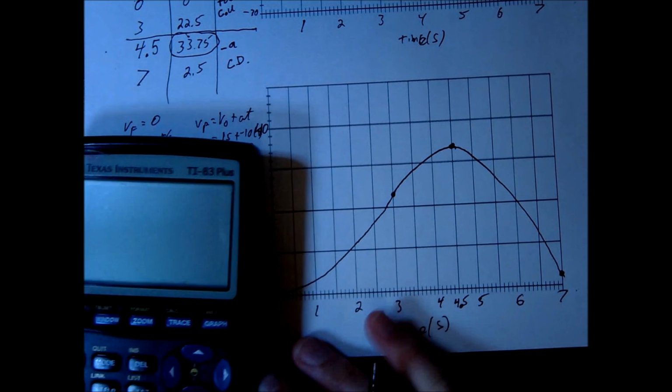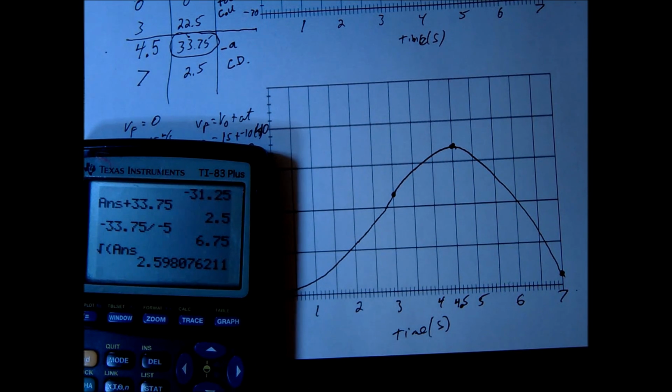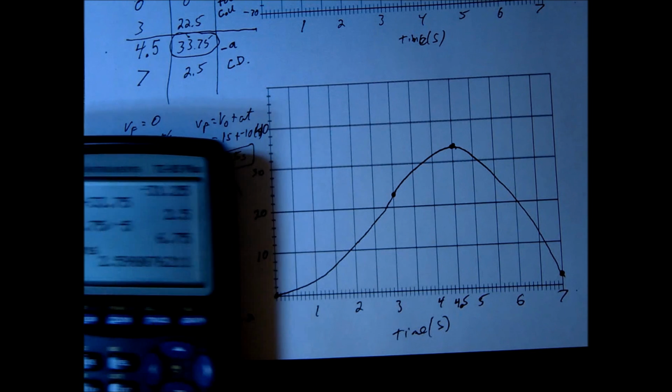Let's do that. So we've got -33.75 divided by -5 equals 6.75, and then don't forget to square root that. Oops. Square root, answer 2.598, about 2.6.